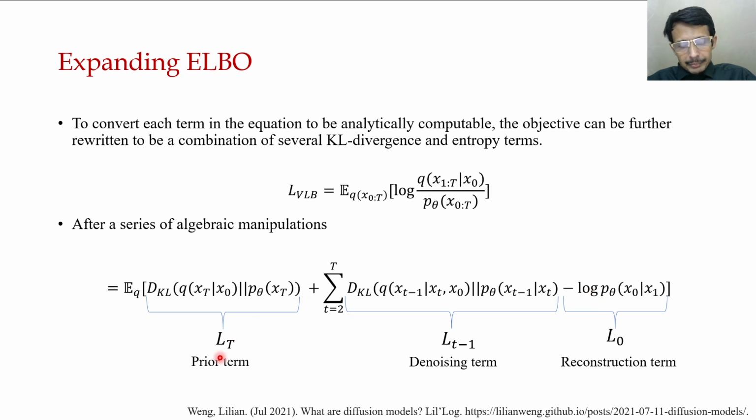One is the prior term, the KL divergence between q of xT given x0 and p theta of xT. Then there is a summation of KL divergences between the two distributions, the denoising term, and the log of p theta, which is called reconstruction.